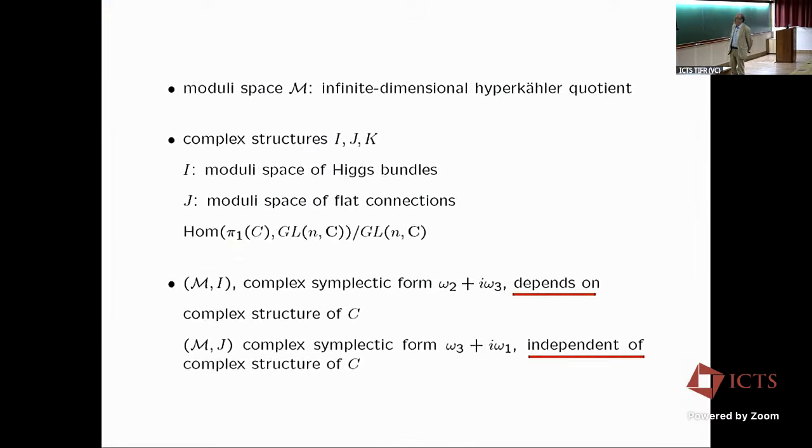So what we have is the hyperkähler metric on the moduli space, which comes from interpreting it as an infinite dimensional hyperkähler quotient. And so we have our complex structures I, J, and K, where I, my terminology is the moduli space of Higgs bundles, and J will be the moduli space of flat connections, the character variety.